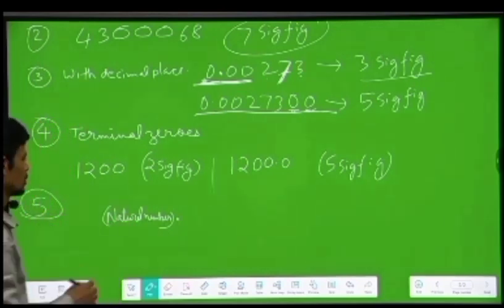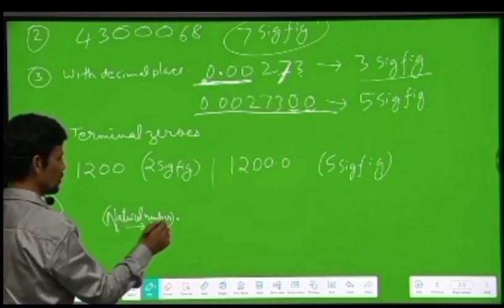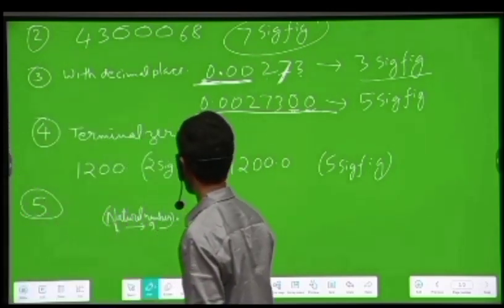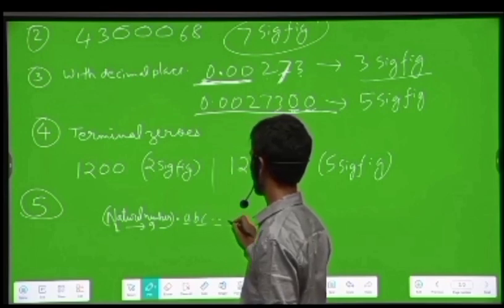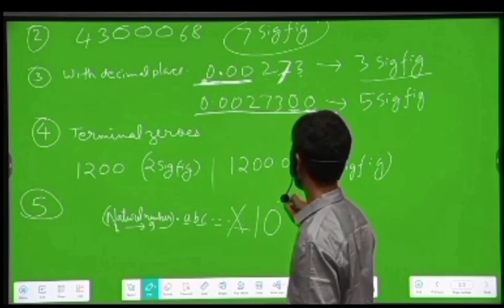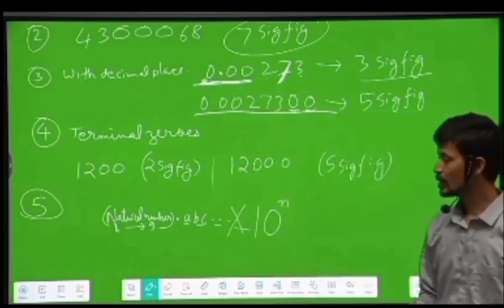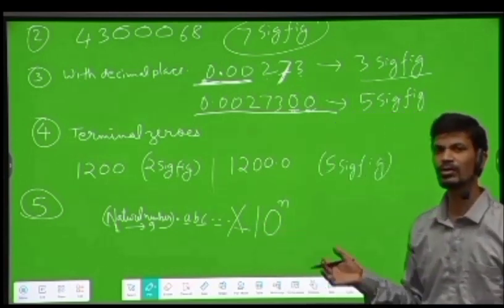In short, a number from 1 to 9 in front of the decimal place, and after the decimal place there can be certain numbers, and then we multiply with 10 to the power of some power n. This is basically the representation of some big number or a small number.